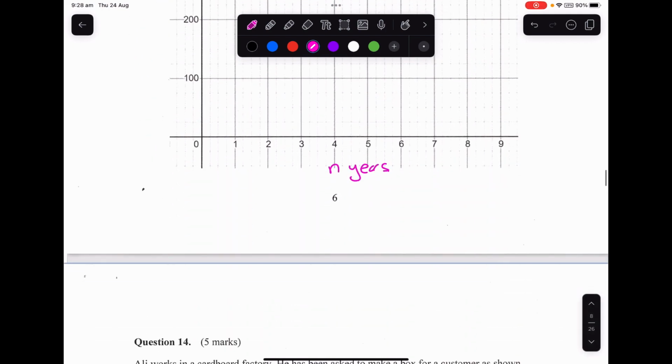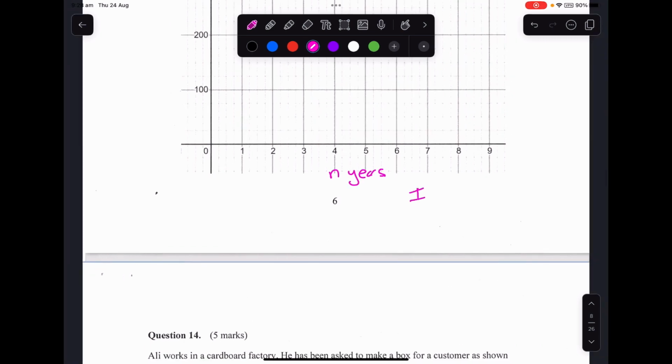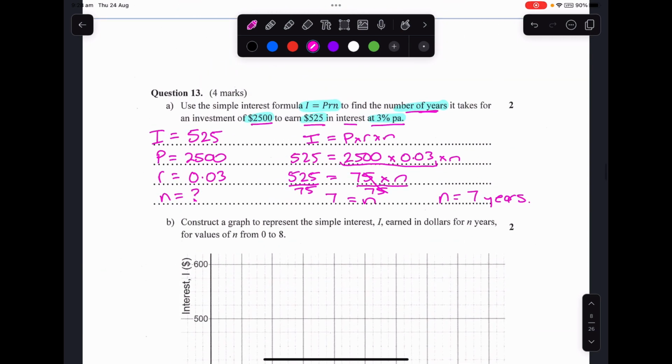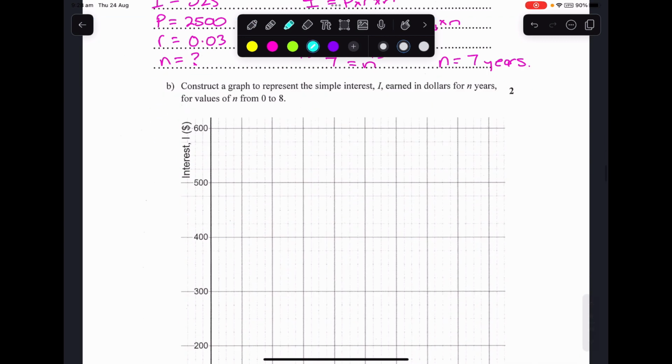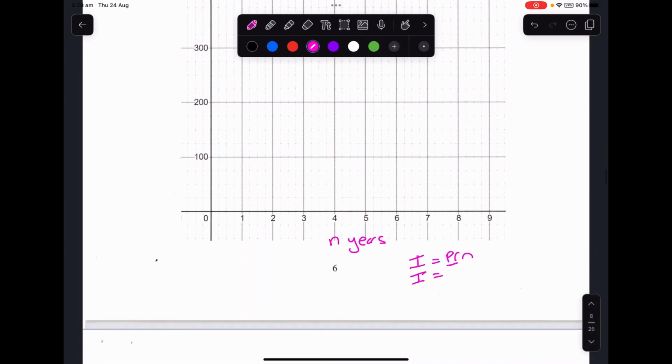So our equation is I equals PRN, but we know what the P and the R are. We just worked that out. So P times R back up here is 75. So we end up with I equals 75N. Now we can draw a little table for this for the 8 years if you want to make it so that it's correct.